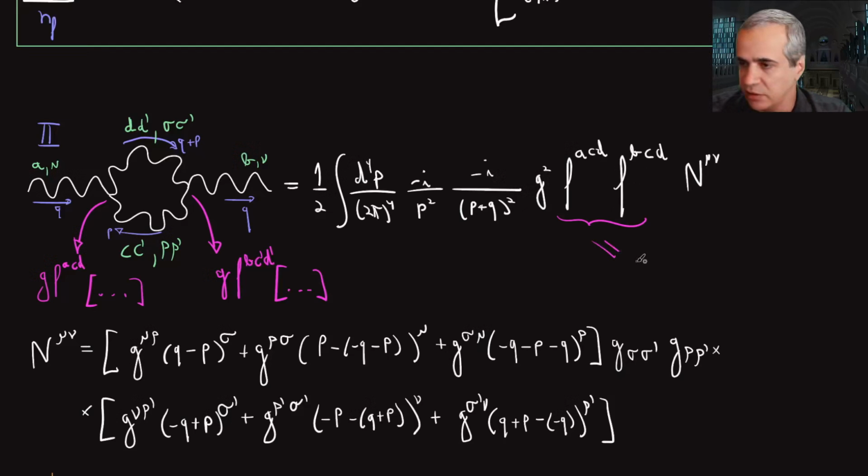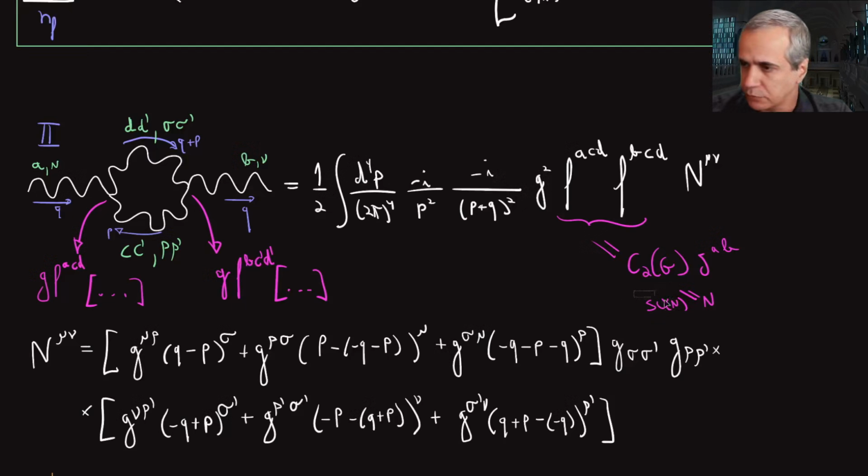This is just C2, the Casimir in the adjoint, times delta AB. That was in the video for our Lie algebra review. And remember, the Casimir in the adjoint of SU(N) is just N, if I assume SU(N). I won't for now, but I'll leave this factor going around.